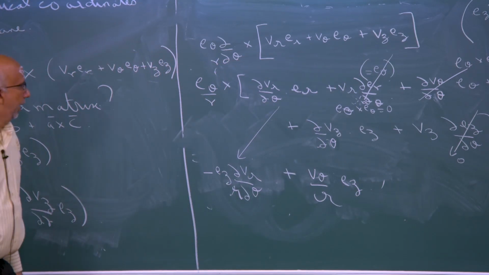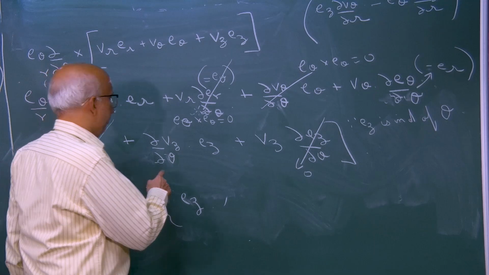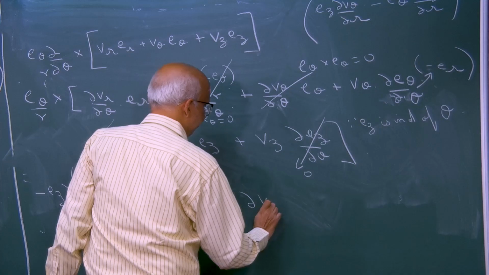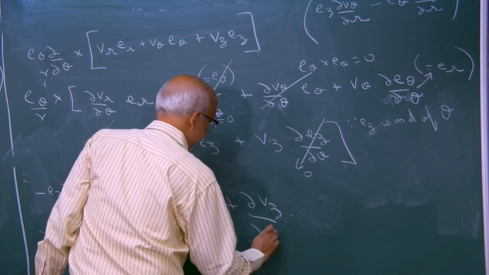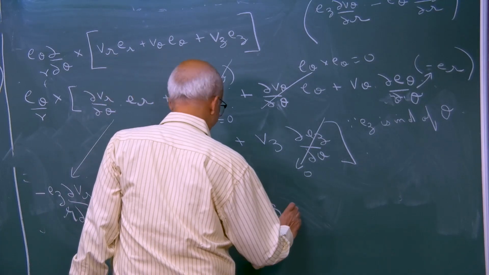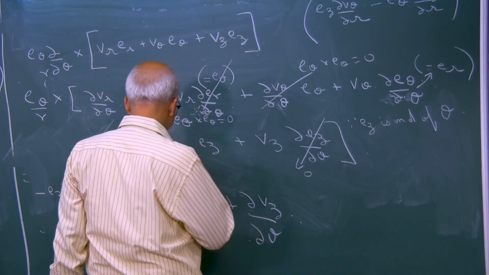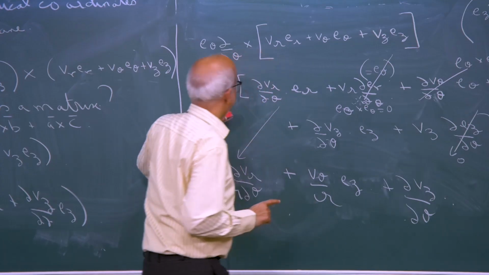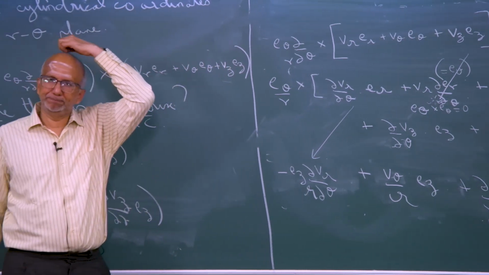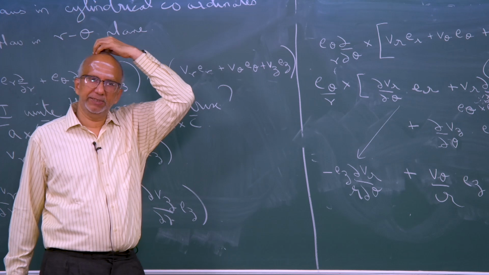Okay. And I have one more term here, dVz by d theta Ez. Everything is Ez, is it? No. This is E theta crossed Ez. What is E theta crossed Ez? It is ER.